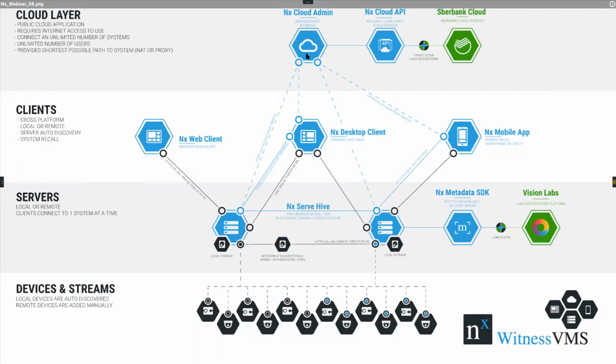We have cloud. This cloud so far is mostly for you to connect to your server. For example, in your house, you set up an NX server, right? And when you are outside, you don't need to connect to your server by the IP address.